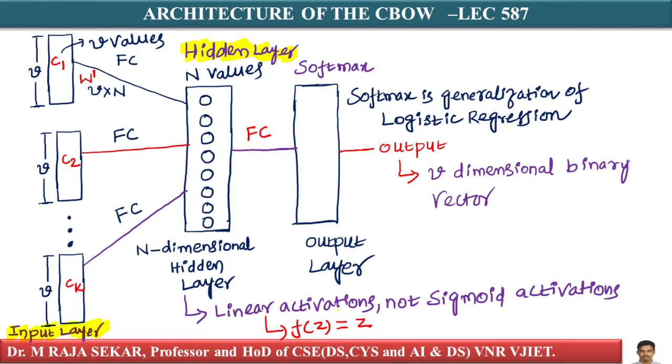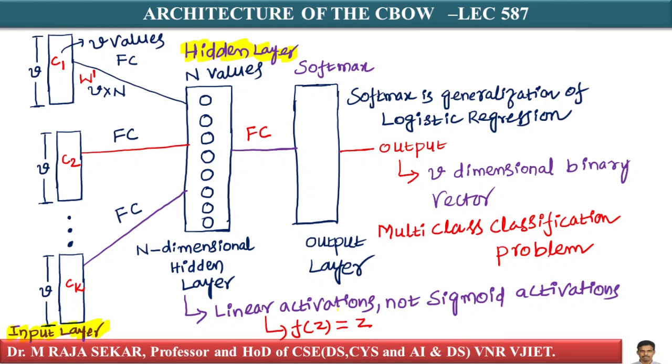What is the intention of CBOW? You have to predict the focus word, that is the target word. You can think of it as a multi-class classification problem, because you are trying to predict one word out of a collection of V words.